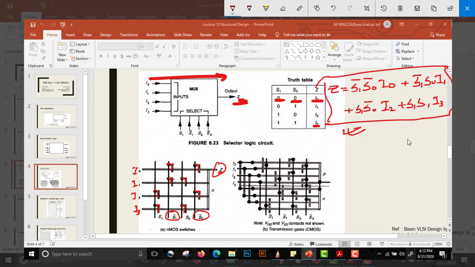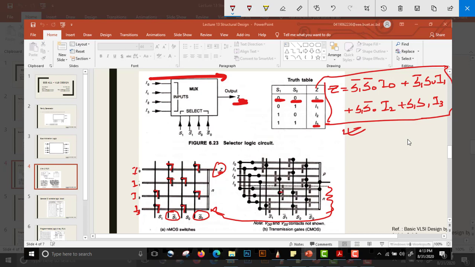Now if we want to build it in CMOS logic, as we have already learned in CMOS transmission gates, the PMOS or the pull-up side is opposite to the pull-down side. The pull-down side over here is the same as this.